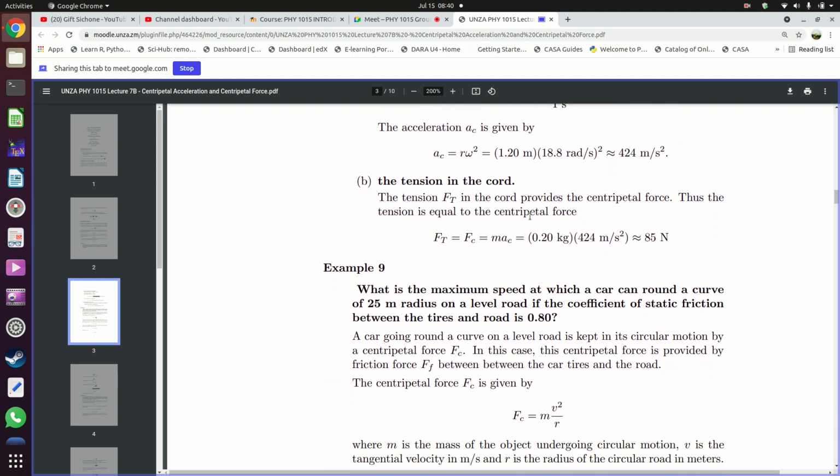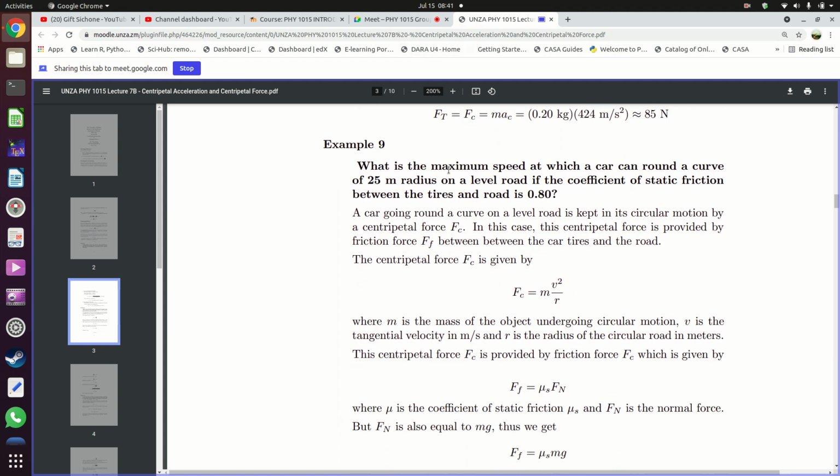So the centripetal force in this case, what is causing the object to move in a circle, is the tension, and that tension is the centripetal force. Is that clear?